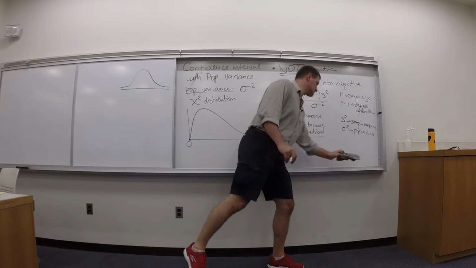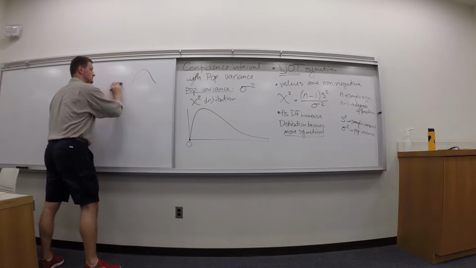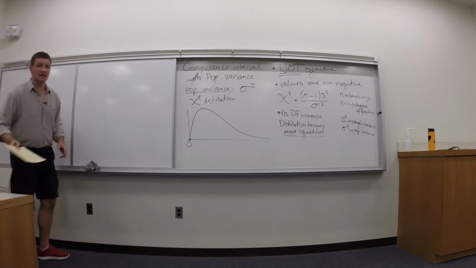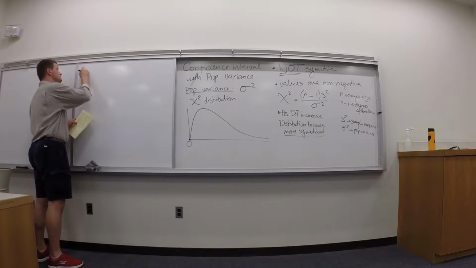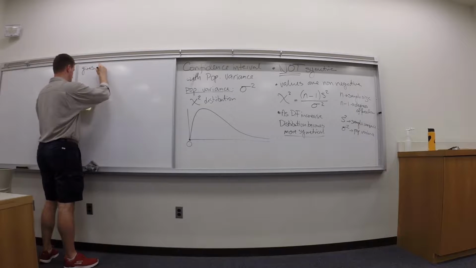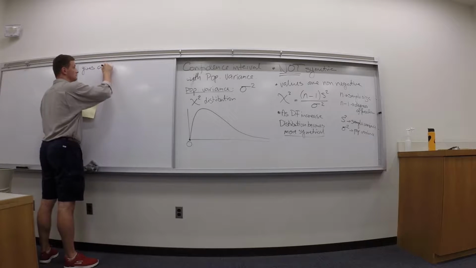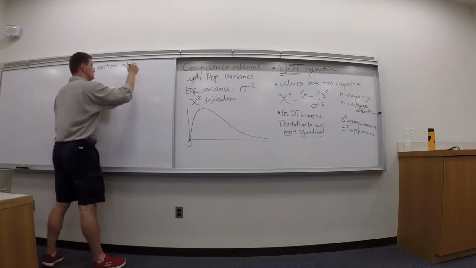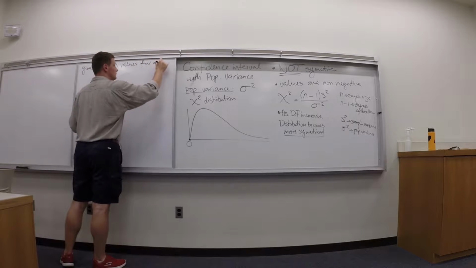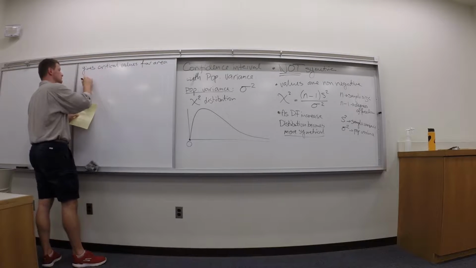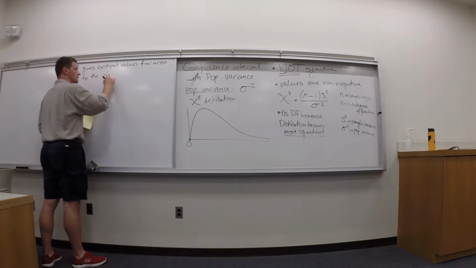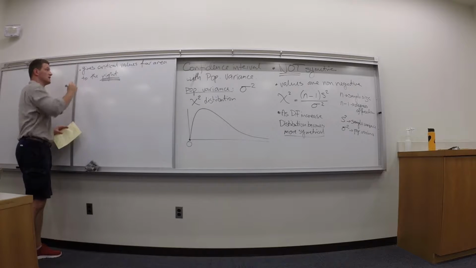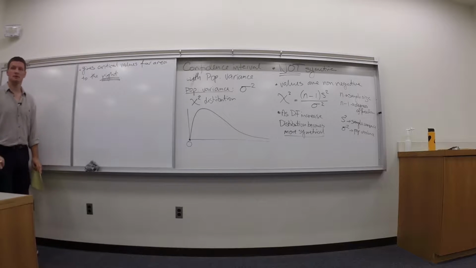And there's one last piece of this. When we're looking at the chi distribution tables, almost every single one gives critical values for area to the right.